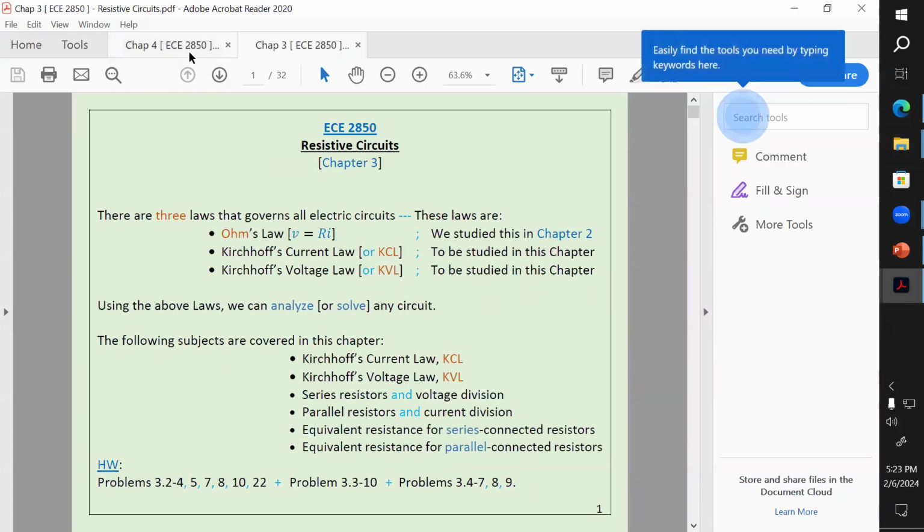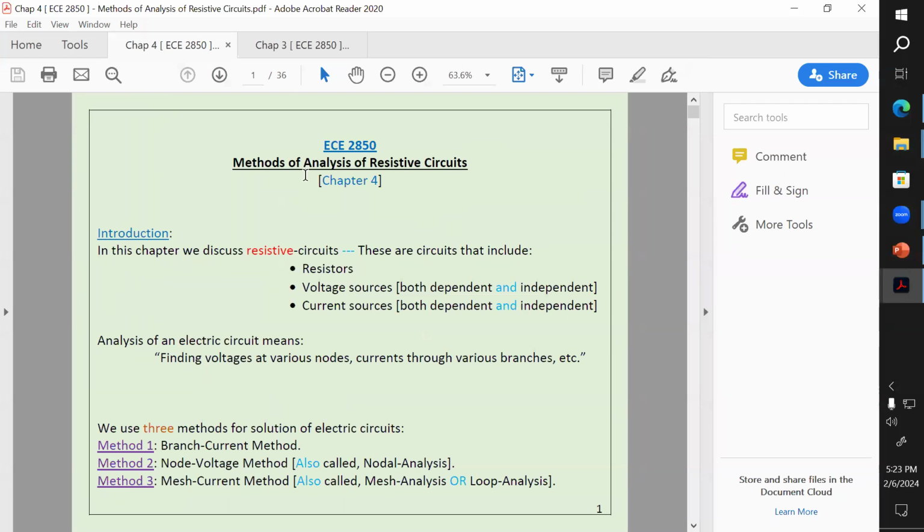Chapter 3, guys, is about analysis of resistive circuits. I told you before, if I want to analyze a circuit, what does it mean? It means I want to find the voltage and the current everywhere in the circuit, in every branch. That's the meaning of it.